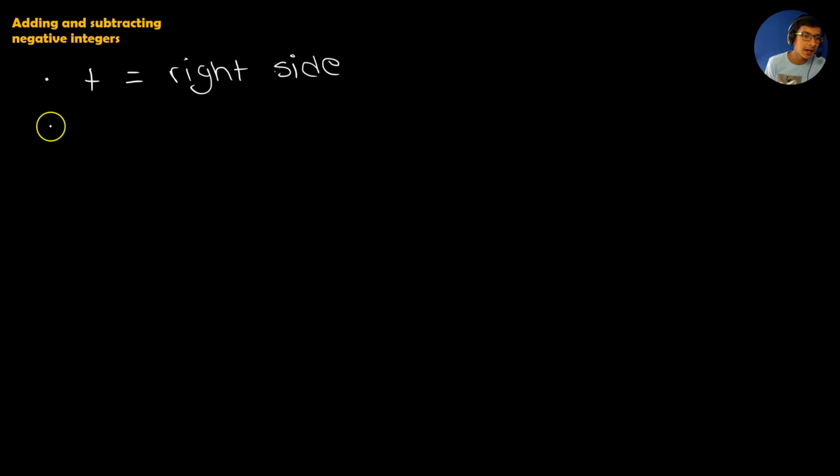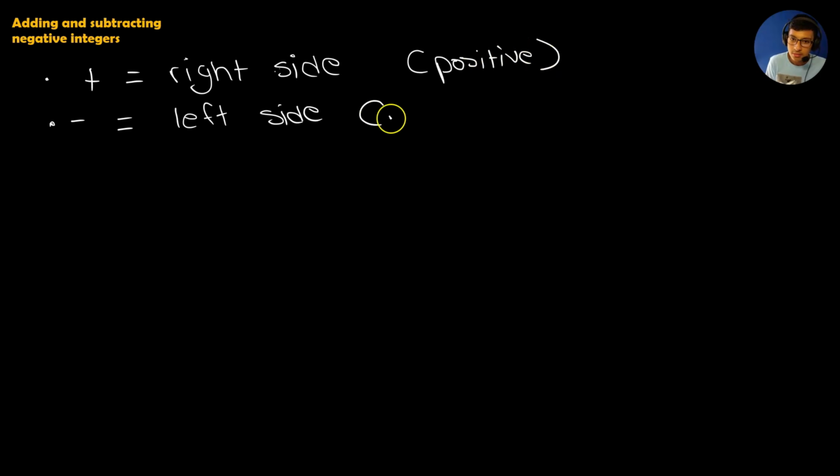And when we are subtracting, it means we are moving to the opposite side, the left side, meaning the negative side. So let me write these down: positive, negative. And here are a few more things we need to keep in mind for today.